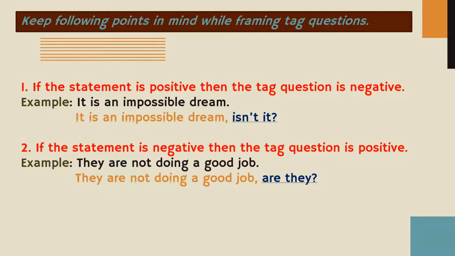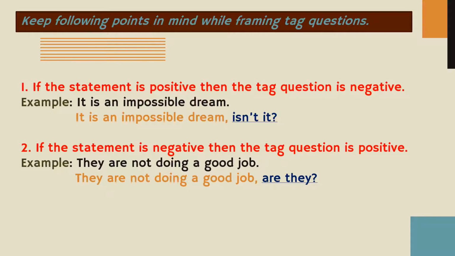Second one is, if the statement is negative, then the tag question is positive. Example, they are not doing a good job. In this sentence, the word not is a negative word. So, the statement is negative.